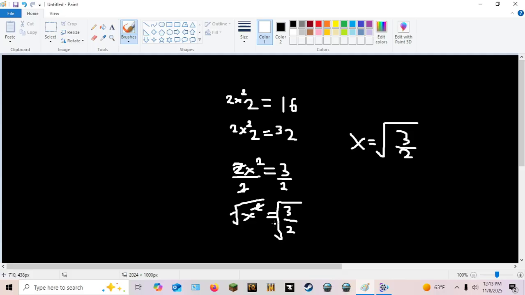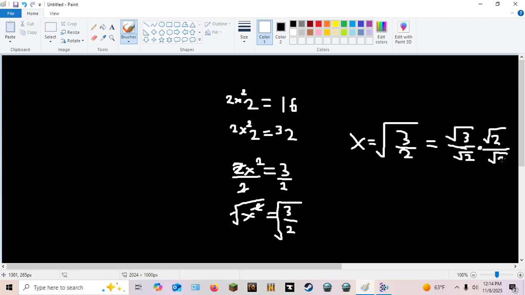So this equals root 3 over root 2. Now, I don't want a radical in the denominator, so I need to multiply both sides. I might make a video about this next video. So I need to multiply both sides by root 2.